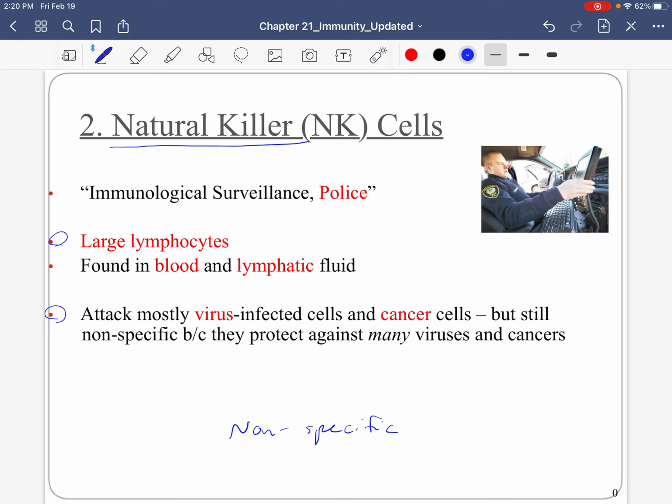But they are still considered to be non-specific because they protect against many different viruses and cancers. It's not like one individual NK cell is designed to defend against one specific virus. No. We have a host of NK cells, and they're able to protect against many different types of viruses and cancers.